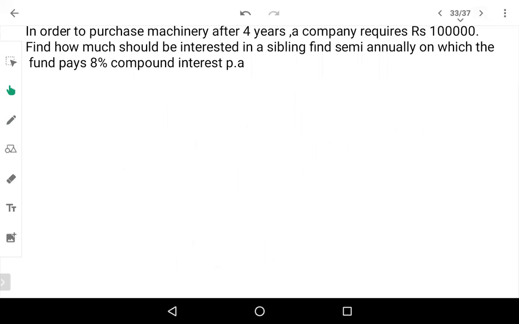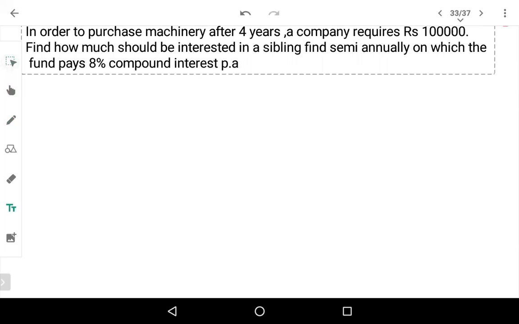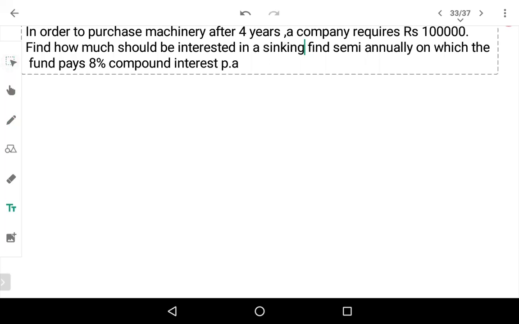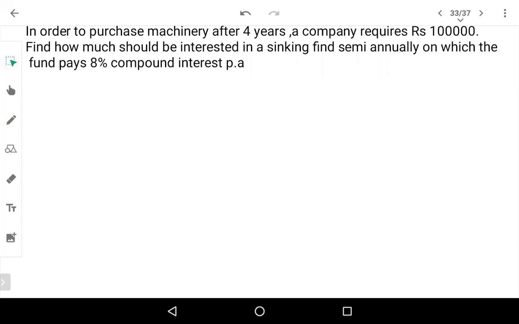Now moving on to the next question. Such questions on sinking fund can be asked. Okay, so this is one of the important questions, so please concentrate and understand this very well. In order to purchase machinery after 4 years, a company requires rupees 1 lakh.